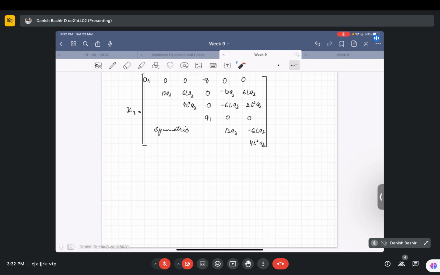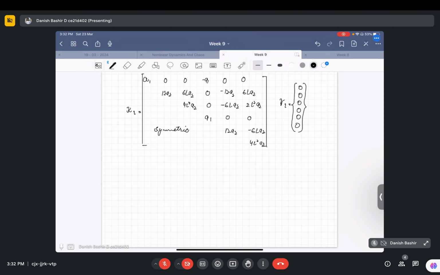Substituting A1, A2 everywhere, we will get the local stiffness matrix. The local load vector is also 0, 0, 0, 0 because there is no load.